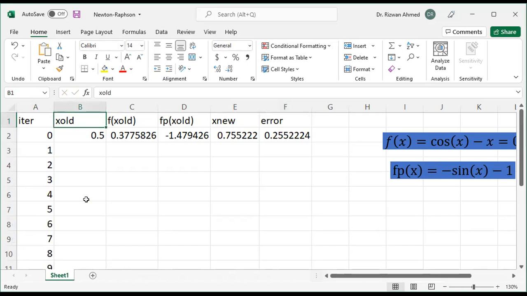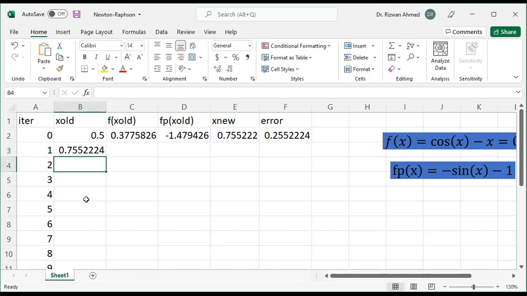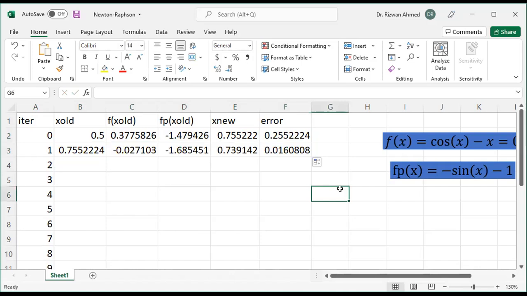Manually we are checking it. Now the x value should be updated as the new value. Update the value. And then we have to repeat the rest of the calculations. So for that, I will select these cells and drag them down to repeat the next iteration.